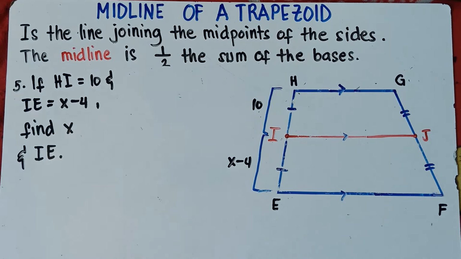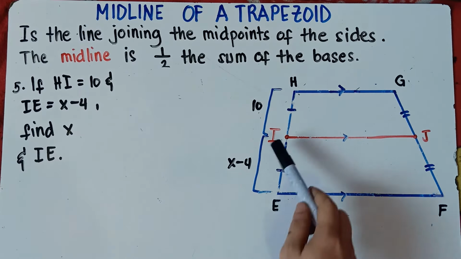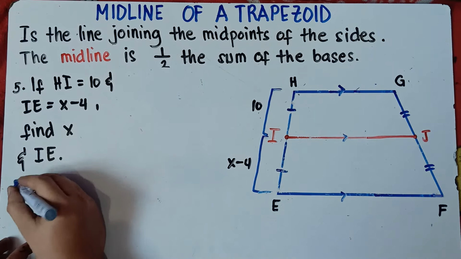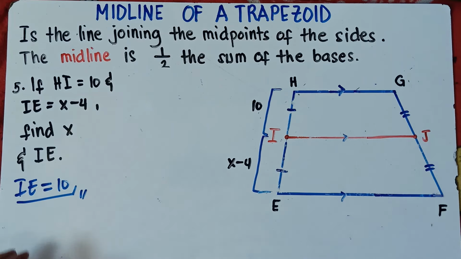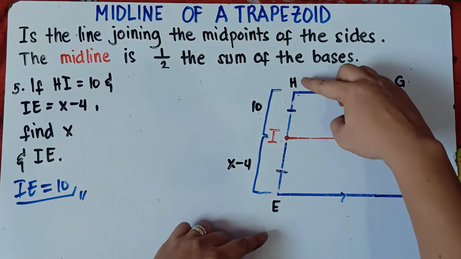Actually, class, we can already find IE. We can say that IE is 10. Question, why is that, sir? We can actually write directly that IE is 10, because I is the midpoint of line segment HE.